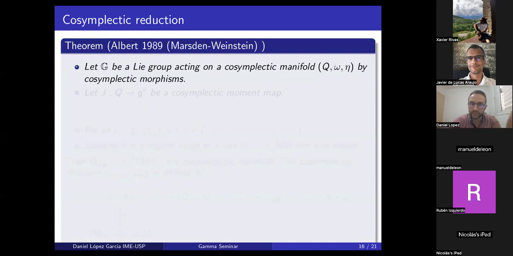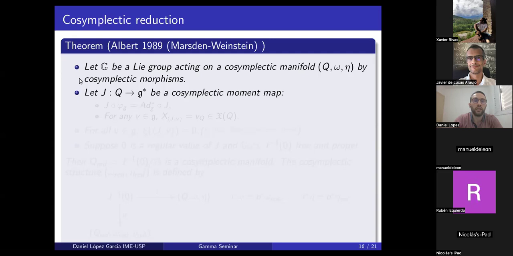Well, with this example, we see that Poisson reduction is not good enough to work with cosymplectic groupoids. Instead, we can use an adaptation of the Marsden-Weinstein theorem to cosymplectic manifolds. And let me recall what this theorem says.